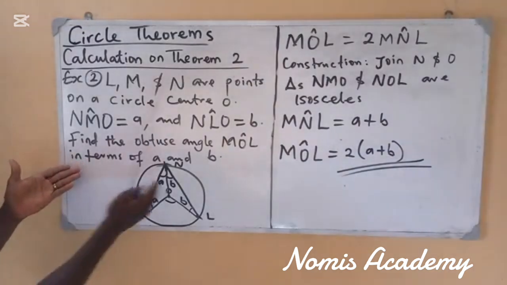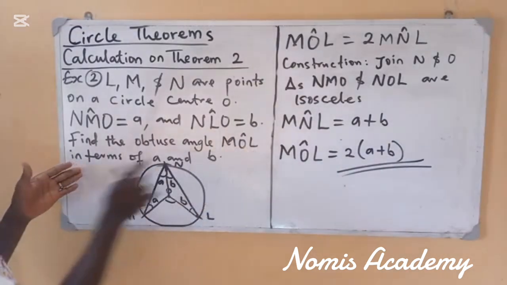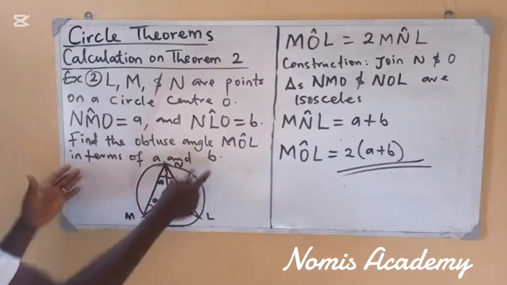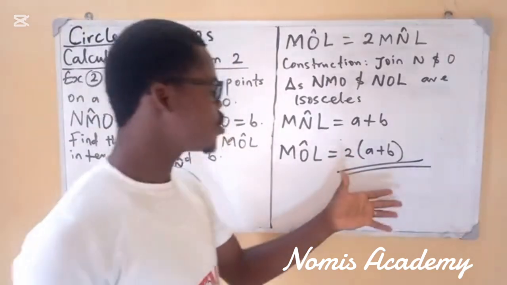We should find the obtuse angle MOL in terms of A and B. So this is the final result.